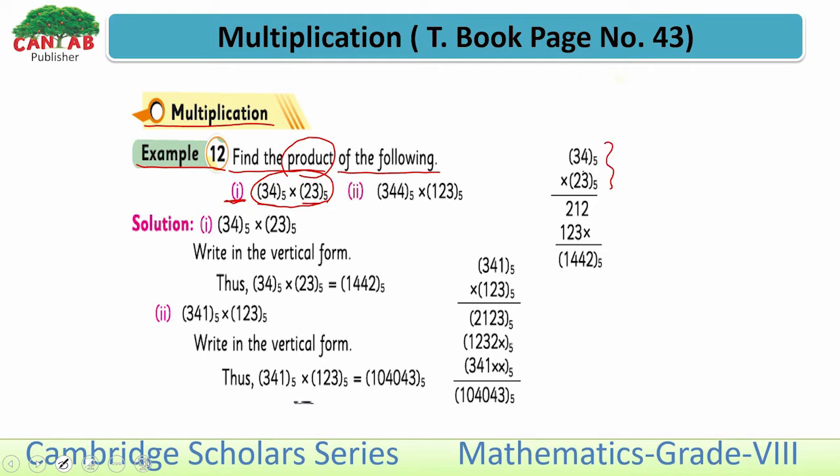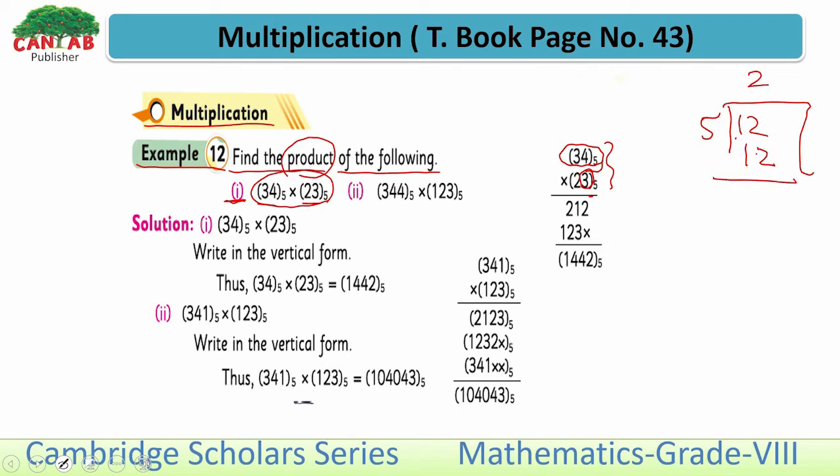First of all, we will take the digit 3 and multiply it with all the digits of the first number. First, when we multiply 3 by 4, that is equal to 12. We cannot write 12 here. So, we will divide 12 by the base number, that is 5. 5 twos are 10.